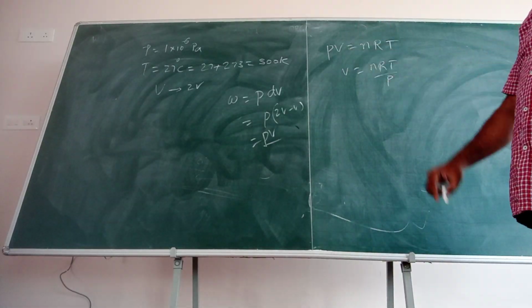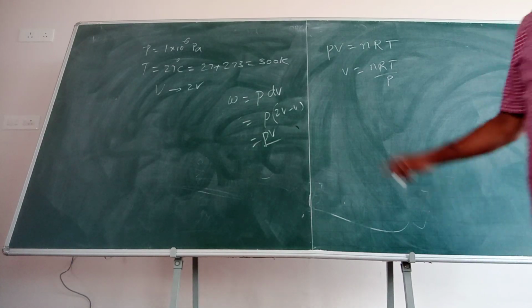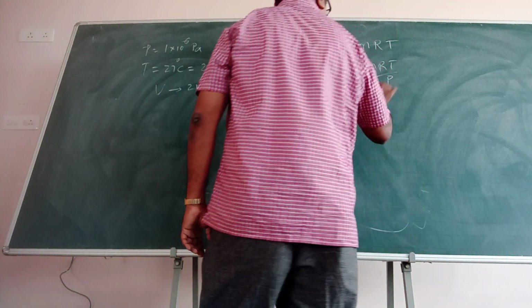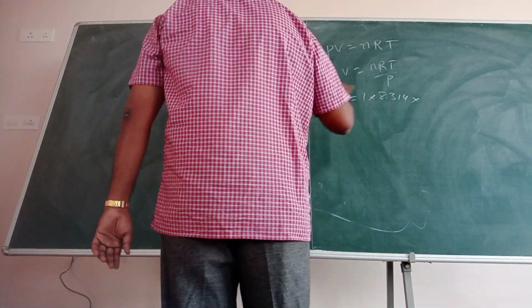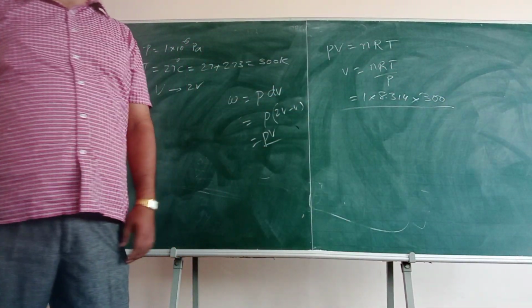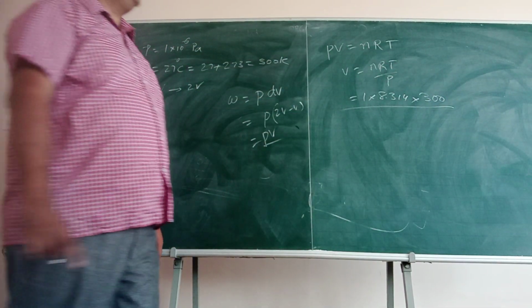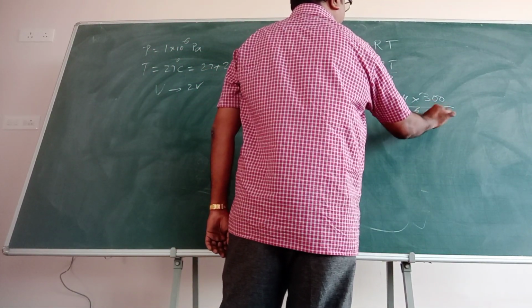n is given in the question as 1 mole. The R value is 8.314. For T you should put 300, in Kelvin, not in degrees Celsius, divided by 1 into 10 to the power 6 pascals.